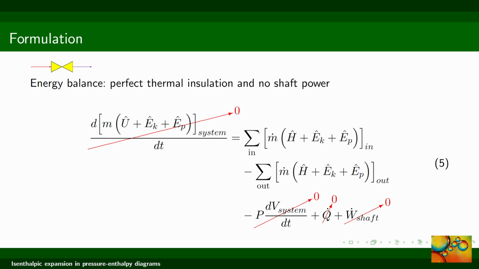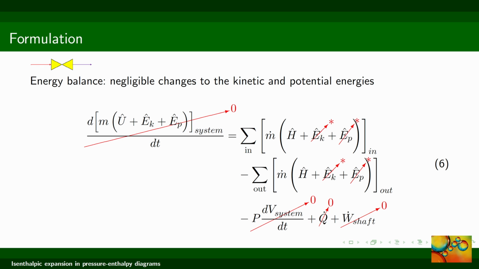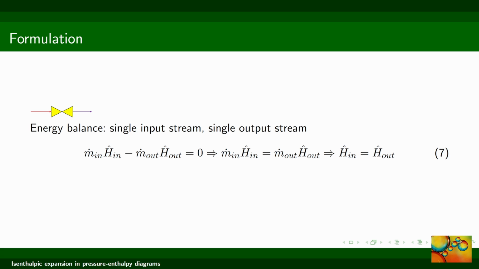In addition, the valve has perfect thermal insulation, and thus the heat transfer rate is equal to 0, and there is no shaft power. Finally, we use the information that changes to the kinetic and potential energies are negligible, and by taking all these into account, we find that the enthalpy of the input and output streams are equal.